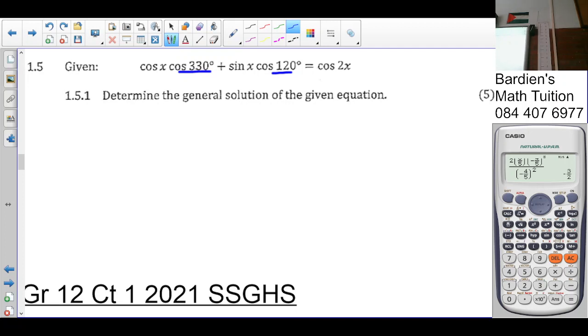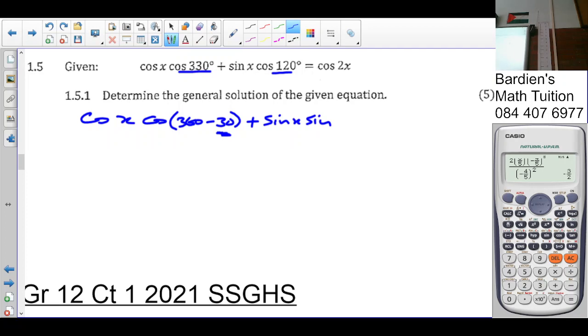Acute angle. So that's going to be cos of x, cos of 360 minus 30 plus sine x, sine. So I'm going to try and pick up 30 if I can. Why would I want to pick up 30? So that I can have cos alpha, cos beta plus sine alpha, sine beta, or cos alpha, cos beta minus sine alpha, sine beta.